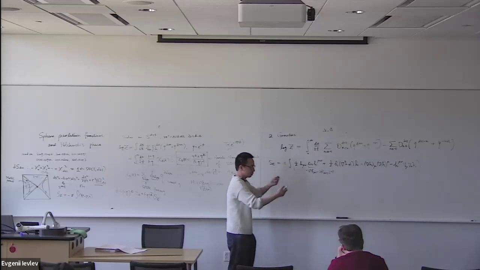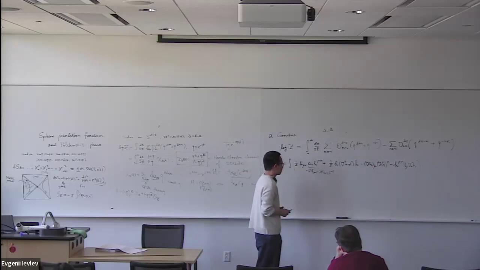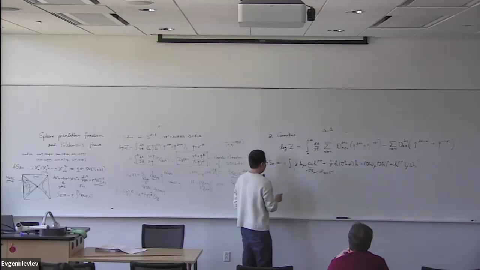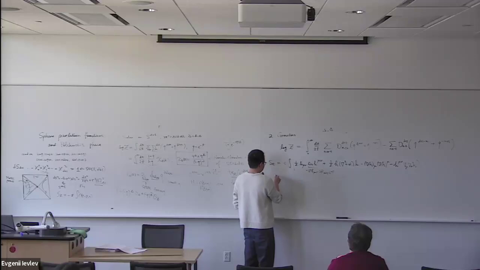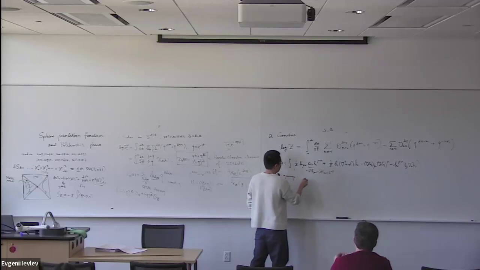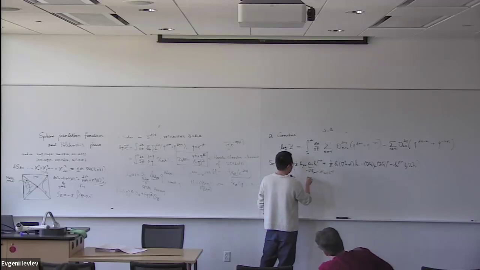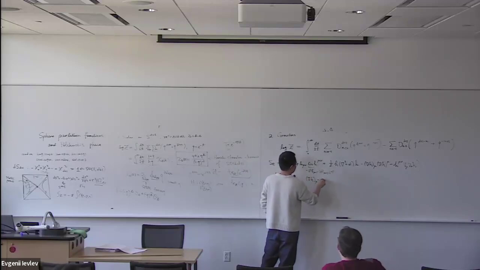It has a diffeomorphism gauge symmetry, and the simplest gauge choice here is the de Donder gauge, which means that you add this term to the action.